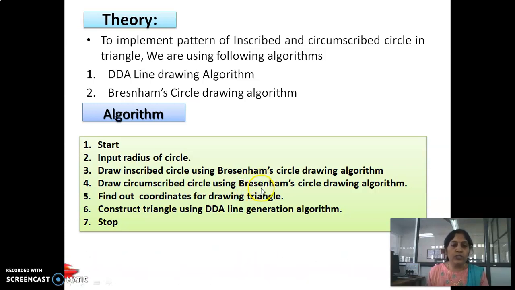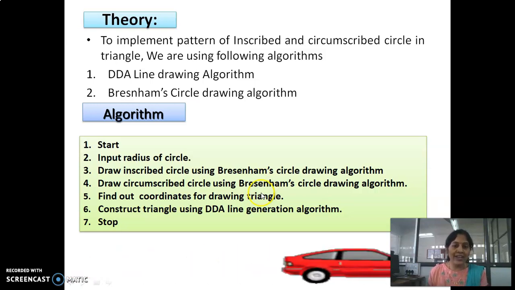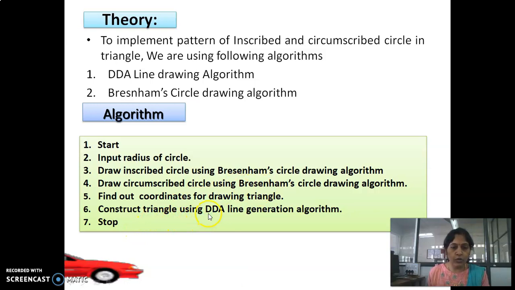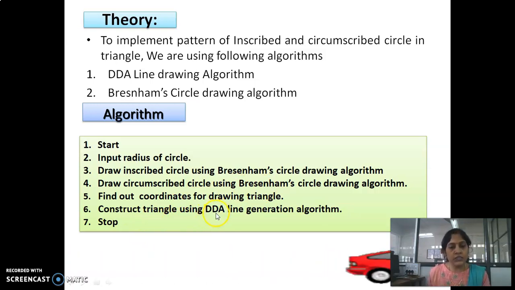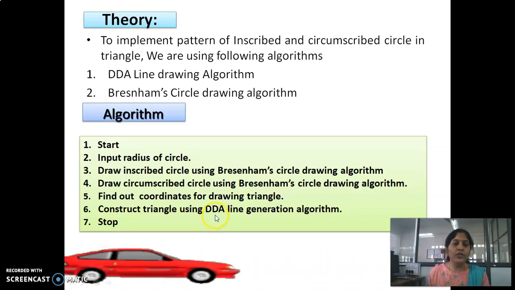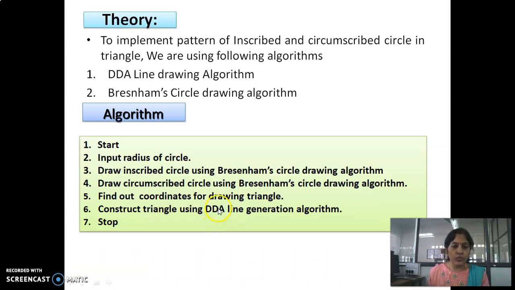Then by using these circles we can find the coordinates of a triangle, and then we apply the DDA line generation algorithm to draw the triangle on this circle, such that the sides of the triangle touch the inner circle and the coordinates of the triangle fall on the circle boundary.